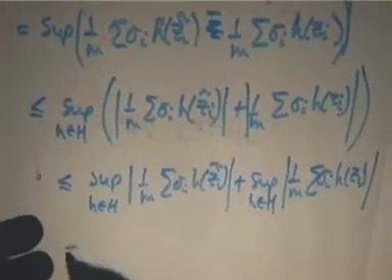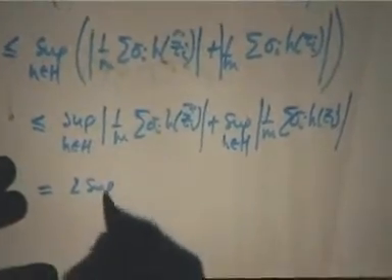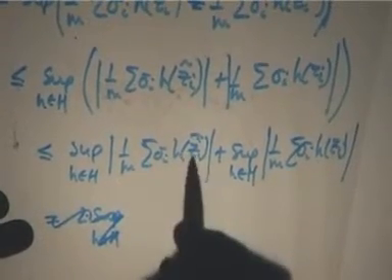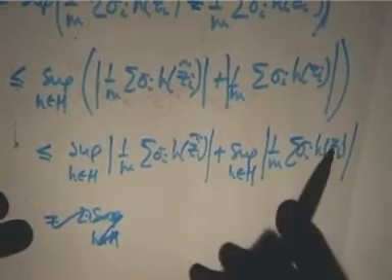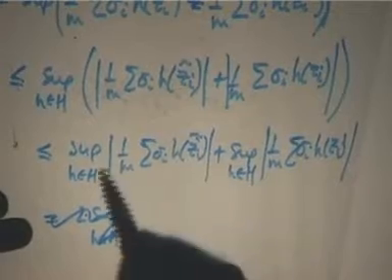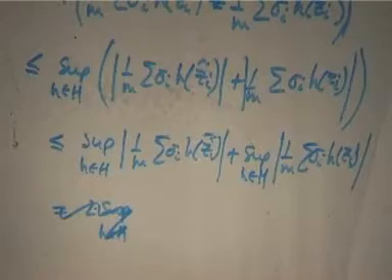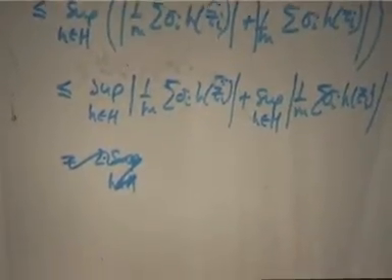And that's just equal to twice sup over h in H. Sorry, the expectation of that. Since these are generated by the same process, the expectation of the sup of this and the expectation of the sup of this are identical. And so you just get twice that expectation. Is that okay? Yeah?